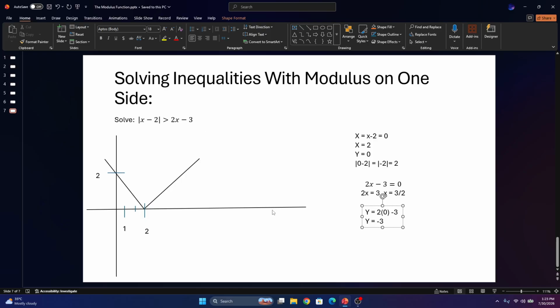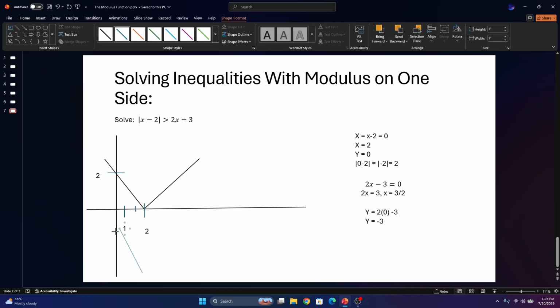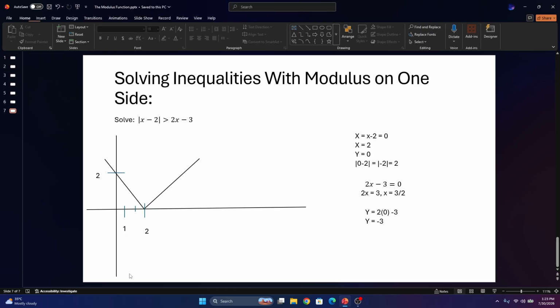So basically this line is going to cut the y-axis at -3. Now that we have both of these, we can just easily sketch this graph. So it's going to be around here, -3. Oops. So it's going to be around here, like this. It's going to cut the x-axis at 1.5, like this.